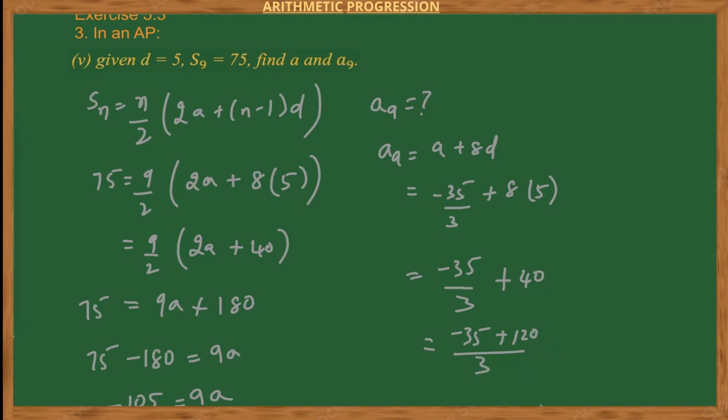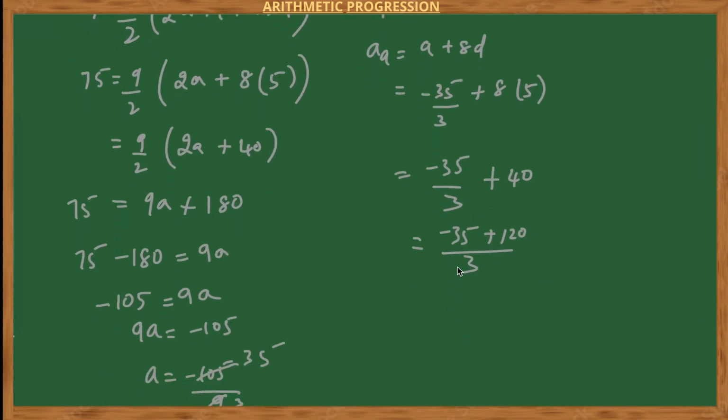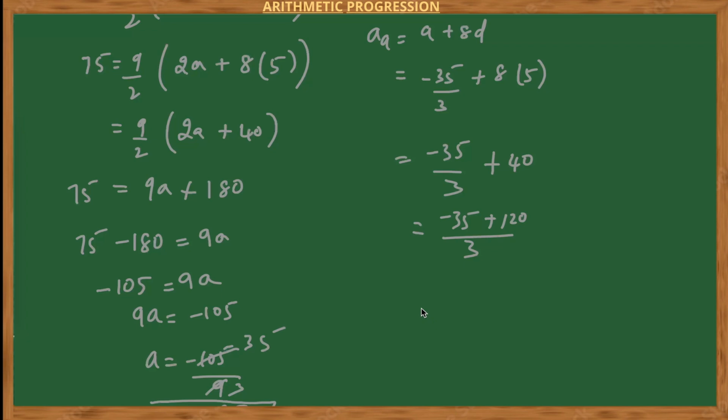So further solving this, minus 35 subtracted from 120 becomes 85.